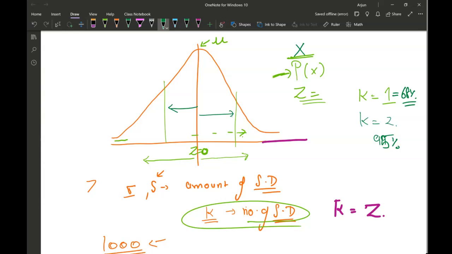Same process we are applying, but now rather than representing it as k, we are representing it as z. Another thing we are adding is, earlier we were talking about these values as 1, 2, or 3. Now we can talk about z values in decimal numbers also.